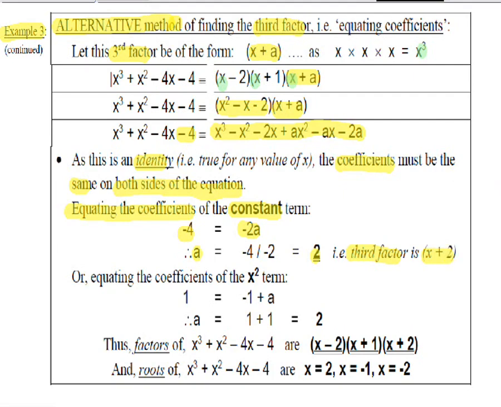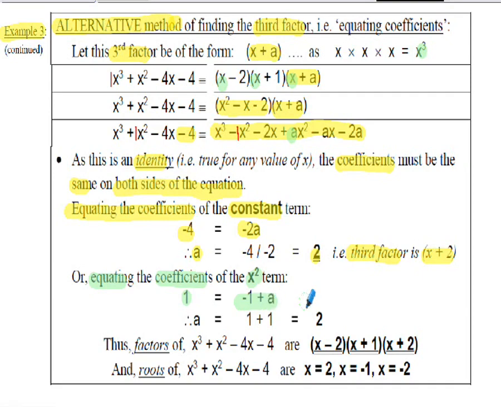An alternative way of doing this would be to equate coefficients of the x squared terms. On the left-hand side, the coefficient of the x squared term is 1. We don't write the 1s, but there's a 1 there. On the right-hand side, the coefficient is -1 for the x squared term, and also we have the a coefficient associated with the x squared, so I get -1 plus a.